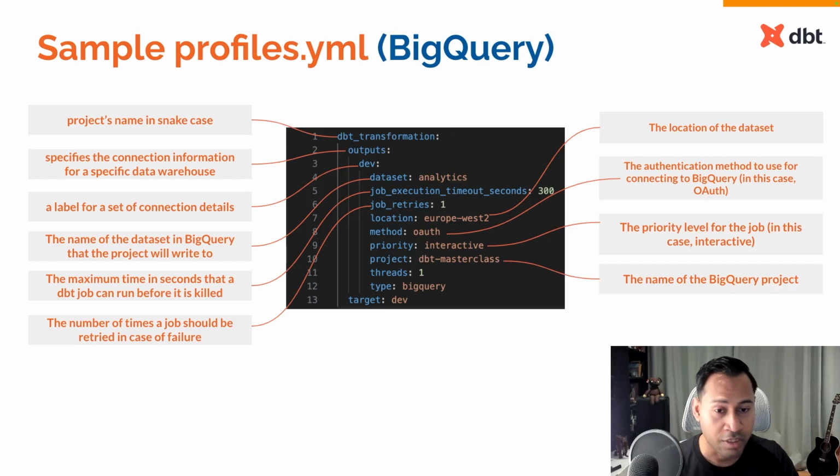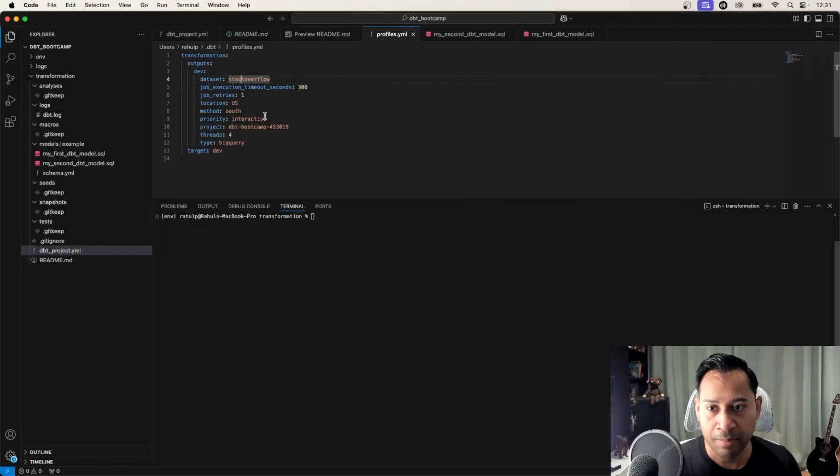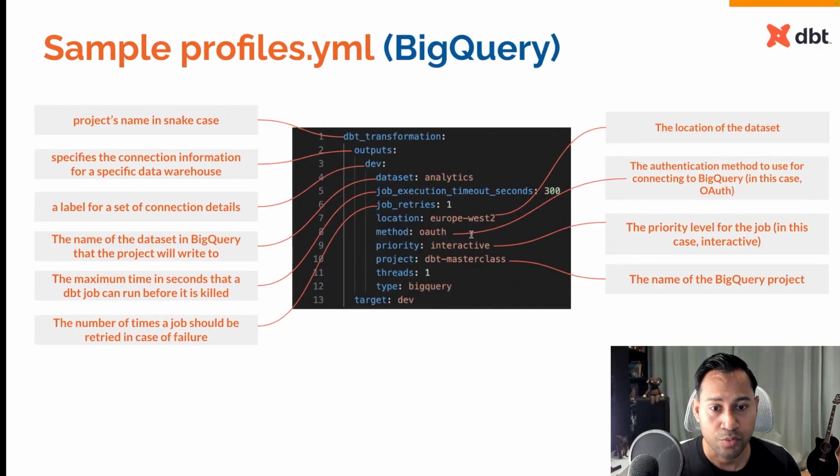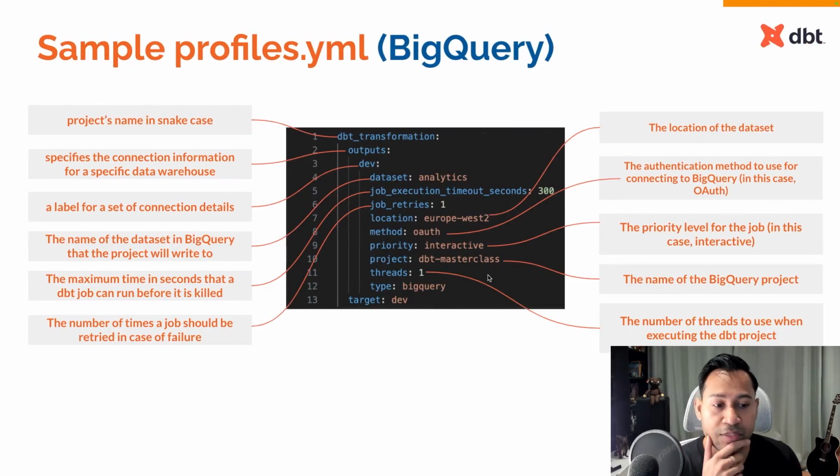Again, this example is from my Masterclass, and the project for the Masterclass is the dbt Masterclass. But for the Bootcamp, I believe we named it differently, and the project ID is different to what you're seeing here.